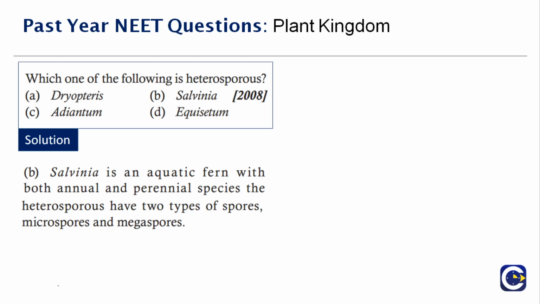Why is it important in evolution? So here the answer is Salvinia. Salvinia and Selaginella show heterosporous nature. Therefore the correct answer is option B, Salvinia. Now you understand what heterosporous means?